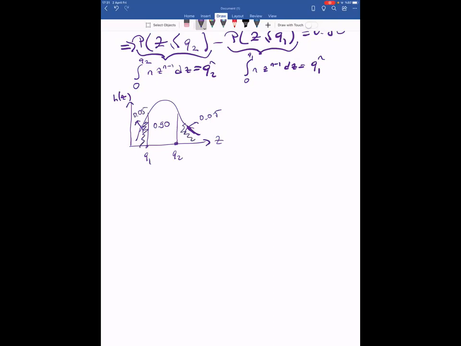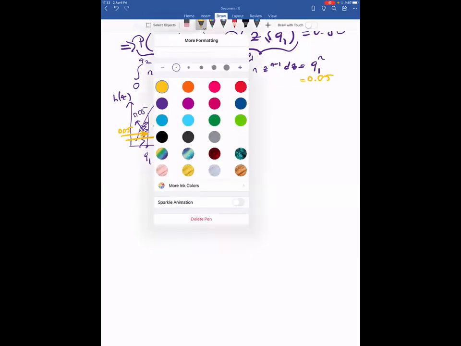Okay, then using the CDF approach, basically, we can say that up till this point, Q2, the total probability will be 0.95, right? And similarly, up till Q1, our cumulative probability will be 0.05. So this quantity will be 0.95 and this quantity will be 0.05. Then easily we can derive the values of Q1 and Q2 using this.